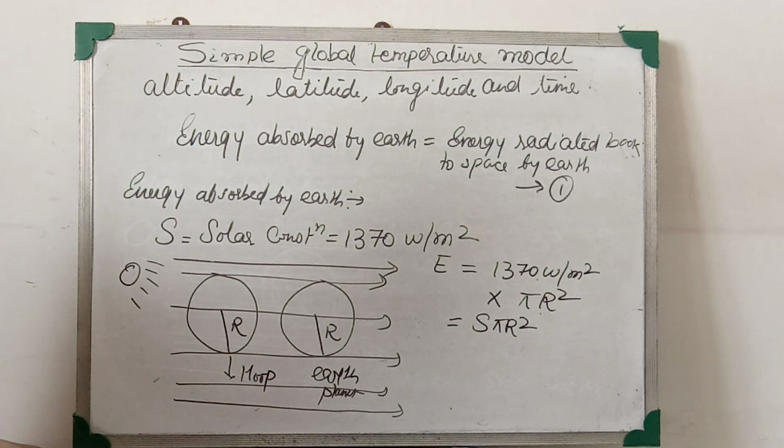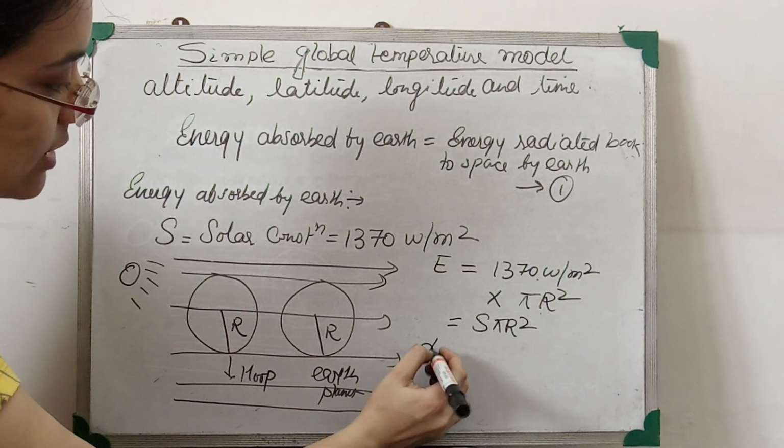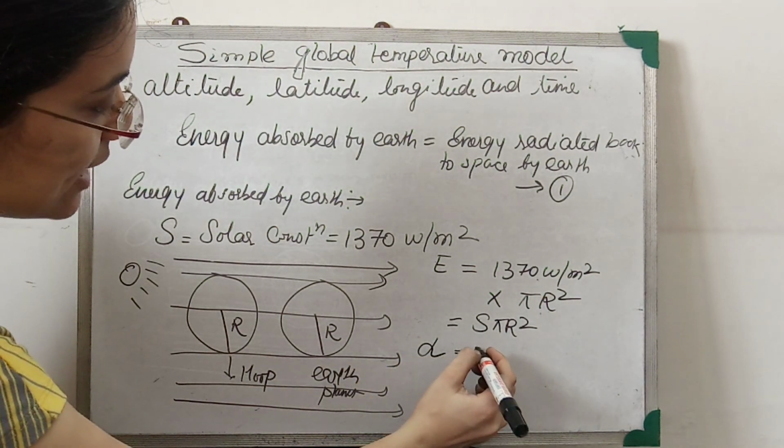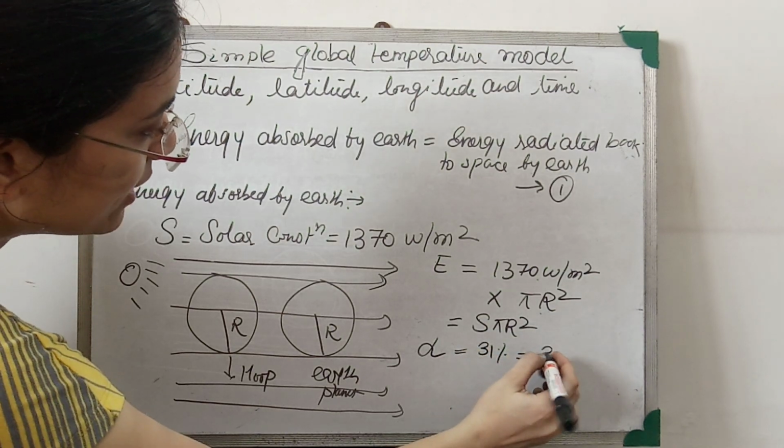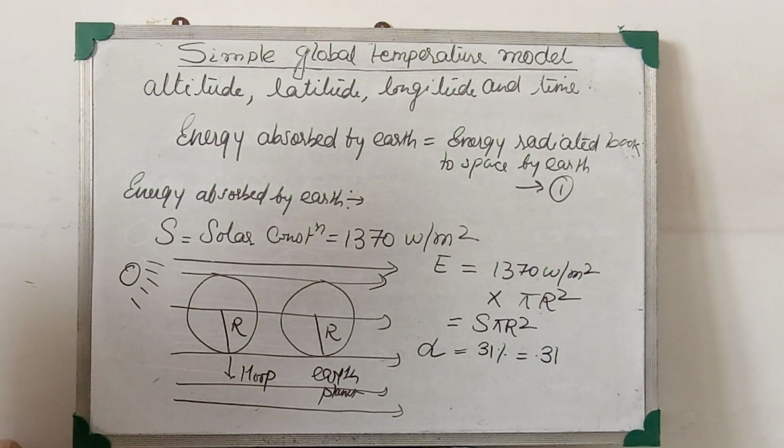Albedo is the fraction of solar radiation that is reflected back by the surface of Earth planet. It is symbolized with alpha, and its annual mean value is 31%, or by fraction is 0.31. So now we can write the actual amount of energy that is absorbed by the Earth planet.